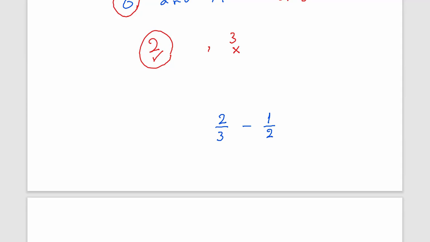In this one, you cannot subtract directly. We have to do something to make the 3 and the 2 the same. I will not explain this now because this is not our idea here. But I tell you now that to solve this, you cannot just solve it 2 minus 1 and 3 minus 2. No, this is wrong. You cannot say 2 minus 1 and 3 minus 2 because we do not have like denominators. We will take this later, but not now.